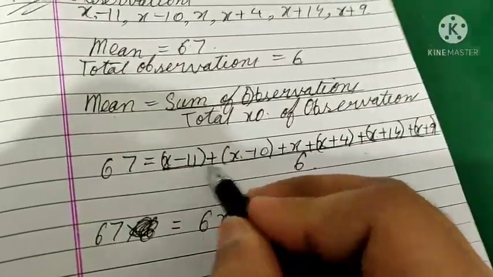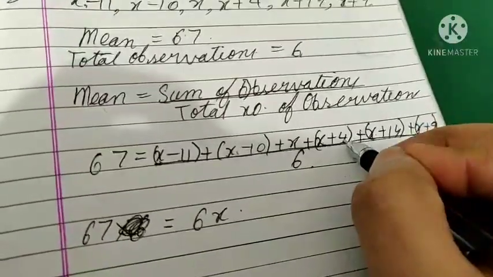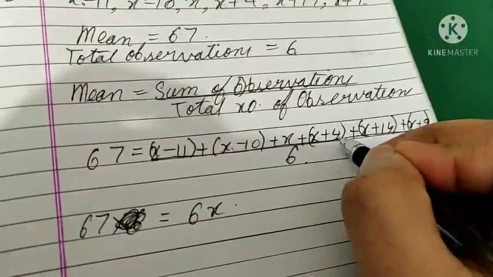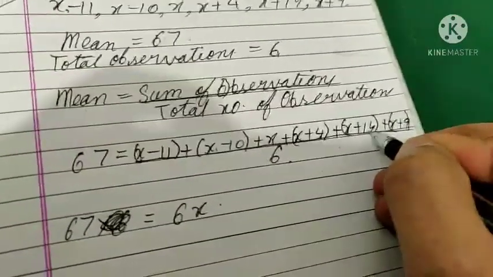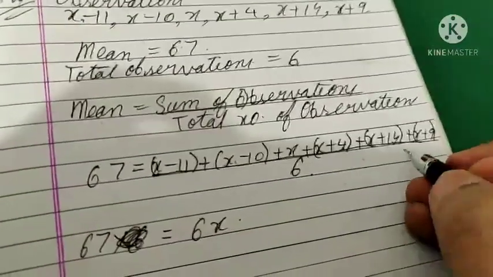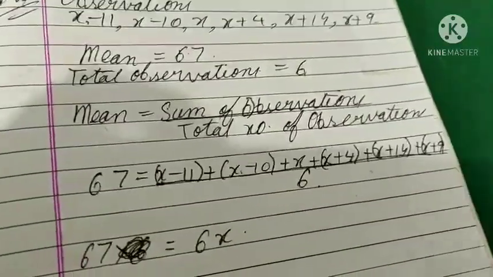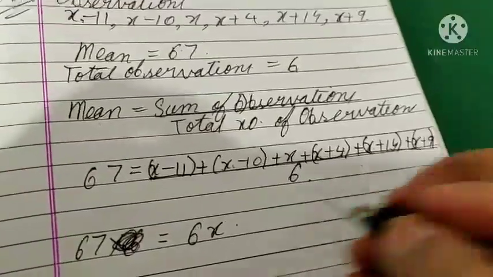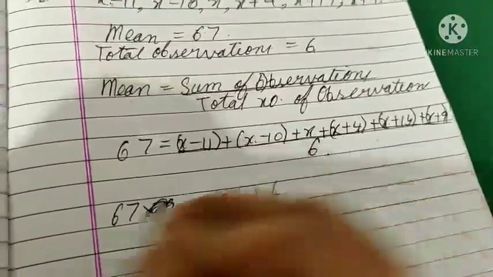Then minus 11 minus 10 is minus 21. Minus 21 plus 4 gives minus 17. Minus 17 plus 14 gives minus 3. Minus 3 plus 9 gives plus 6, upon 6 is equal to 67.